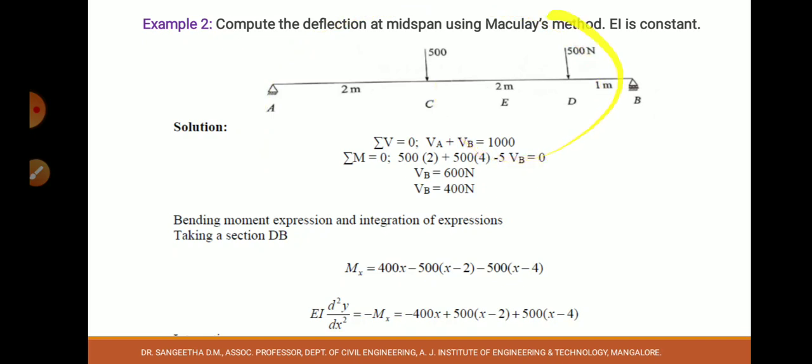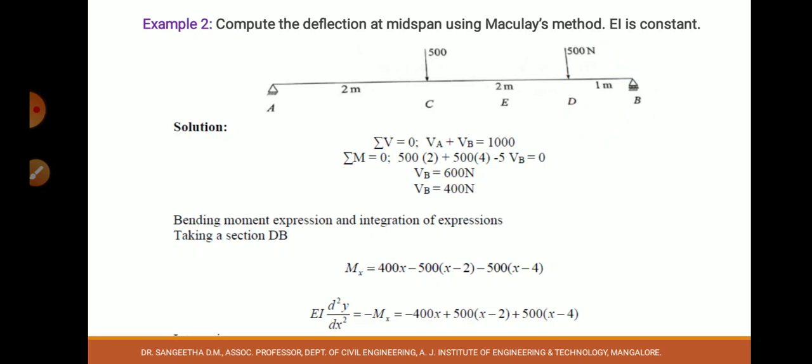The second one, 500 into, from A to the section the distance is x, I want the distance from here to here, so it is x minus 2. Again here, from A to the section it is x, so the expression is minus 500 for anticlockwise, into x minus 4. This is the bending moment expression.